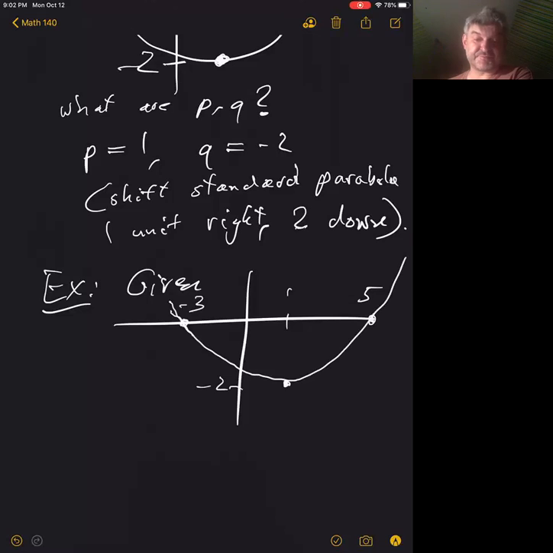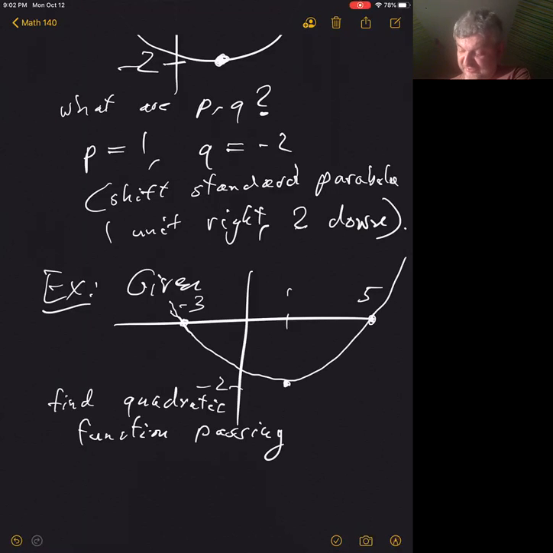Like that. Find a quadratic function. So the graph passes through those 3 points.